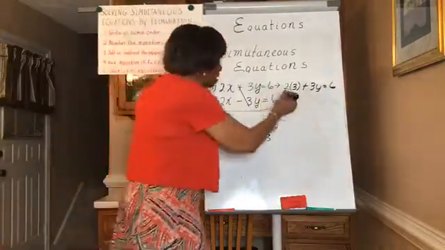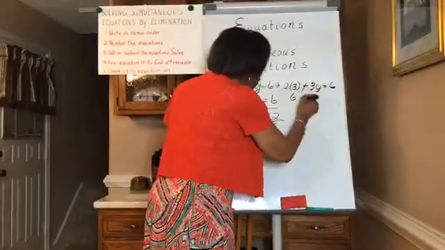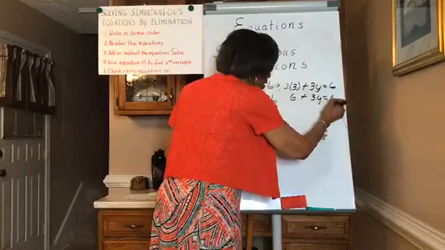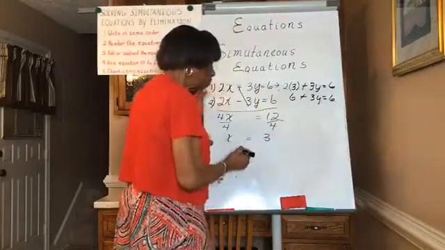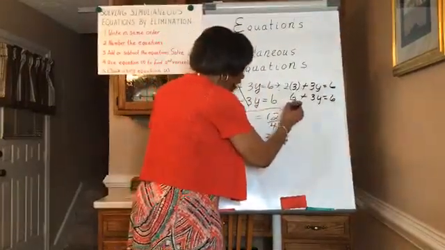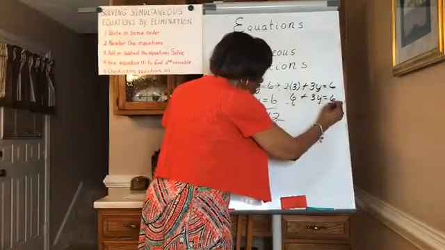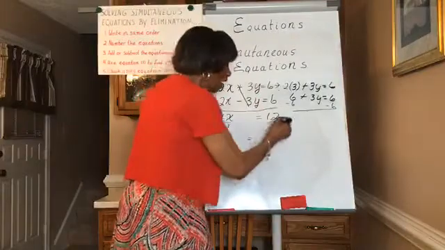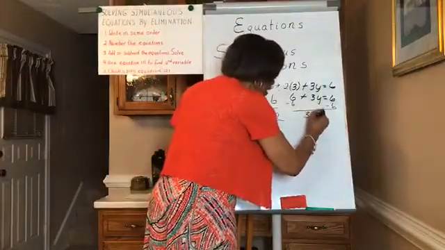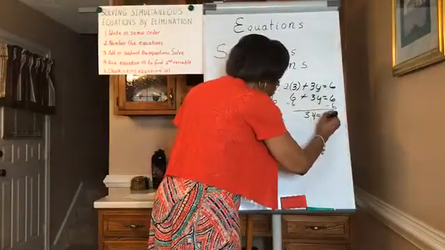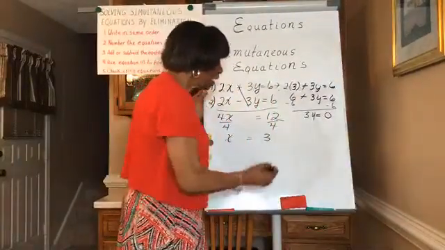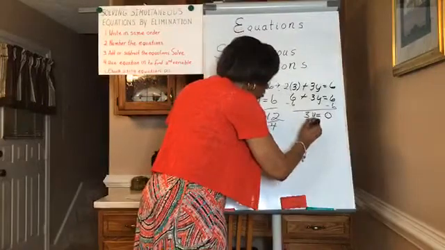Okay, 2 times 3 is 6. 6 plus 3y is 6. Okay. Subtract 6 from both sides. And I'm putting in all little steps for you. Okay, and I now know that 3y equals 0. 6 minus 6 is 0. Okay, and I divide both sides by 3.